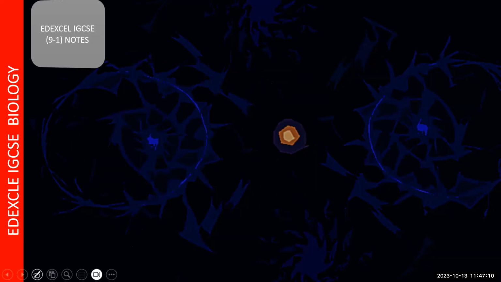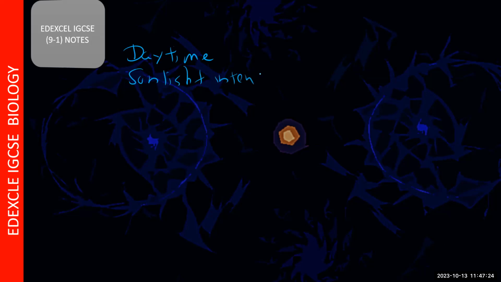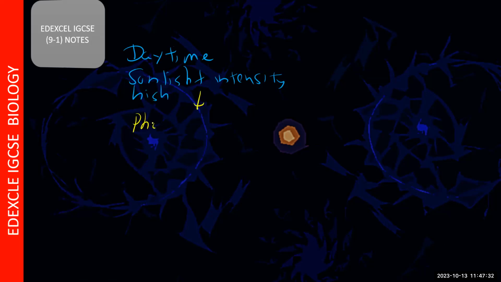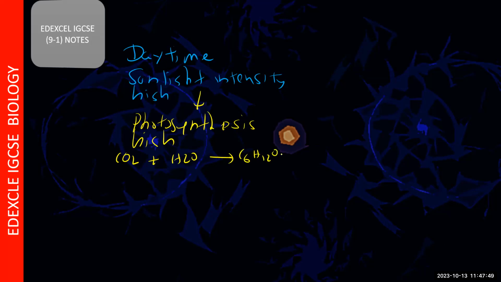So if I write it, daytime, sunlight intensity high. When the sunlight intensity is high, photosynthesis is high. For photosynthesis, we need carbon dioxide and water, and it can make glucose and oxygen.